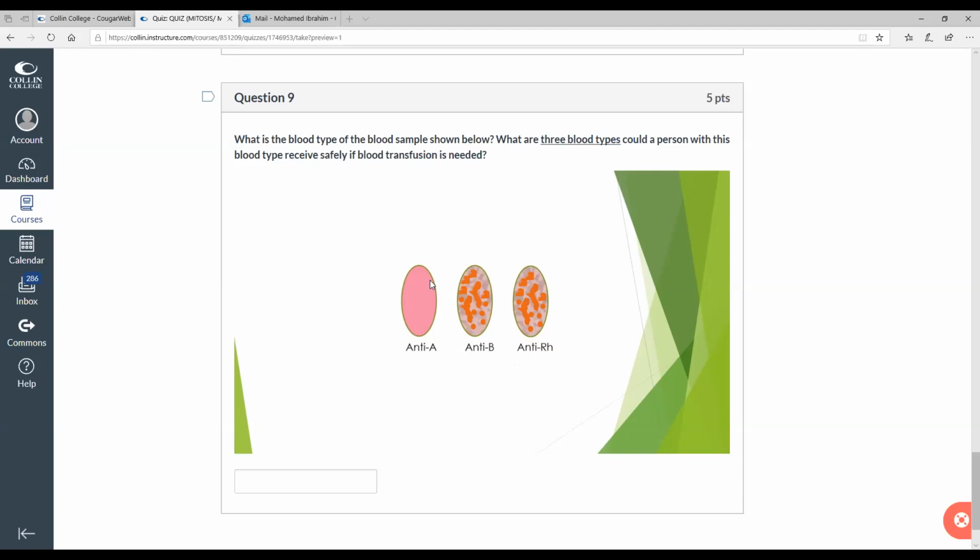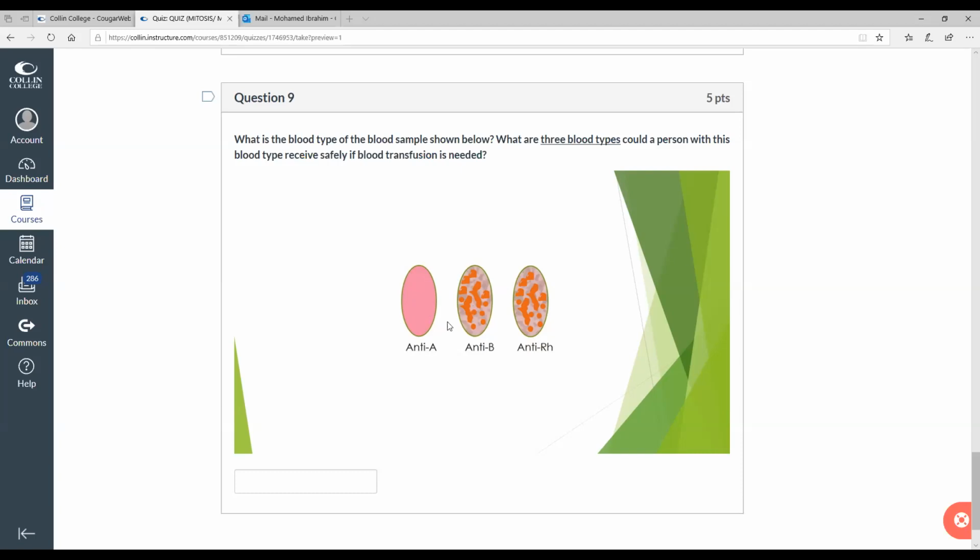The best way to detect the antigen is to use antibodies. So I use antibody for antigen A and mix, antibody for antigen B and mix, antibody for antigen RH and mix. And then look for particle formation. Particle formation and aggregation will tell me there is a reaction.